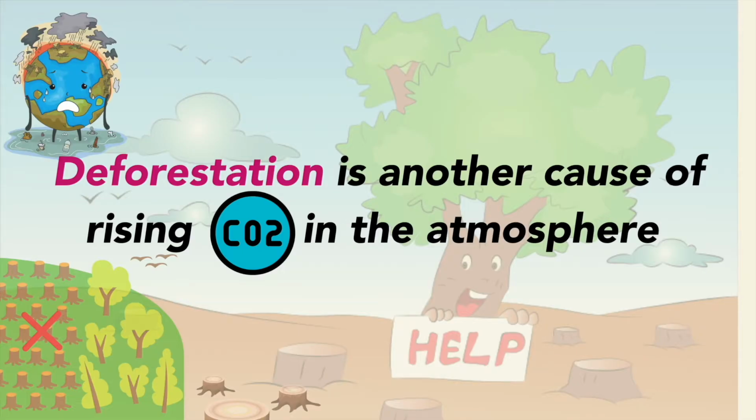Another cause of the rising carbon dioxide levels in the atmosphere is deforestation. Trees and plants naturally capture and store carbon, and the removal of trees has reduced the amount of carbon being taken out of the atmosphere.